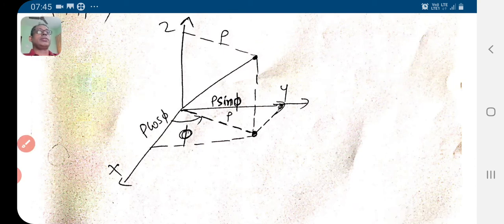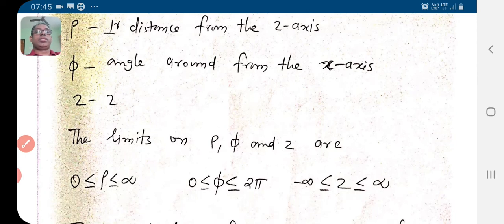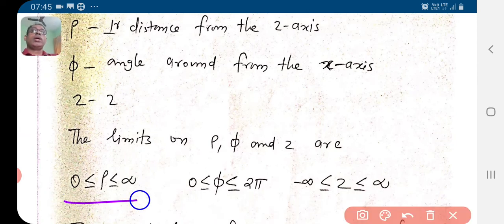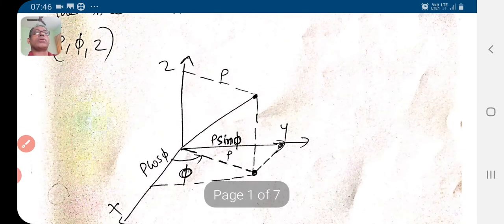Now, what are the limits of rho, phi and z? Rho can vary from 0 to infinity. Phi, this angle, can vary from 0 to 2 pi, then it completes one rotation.